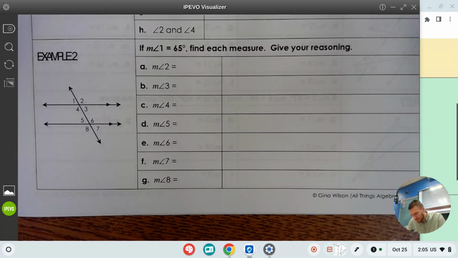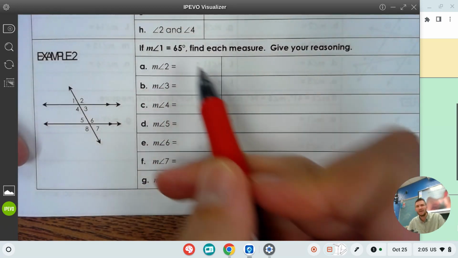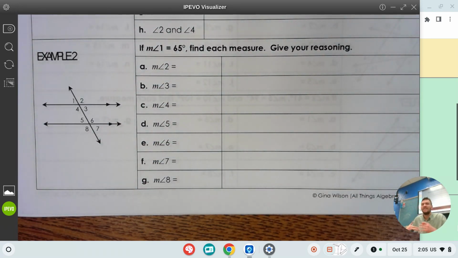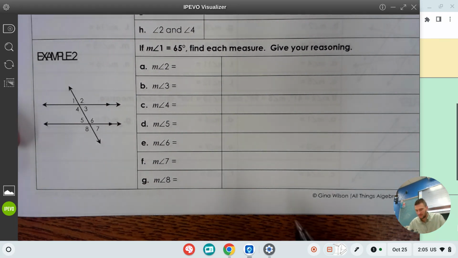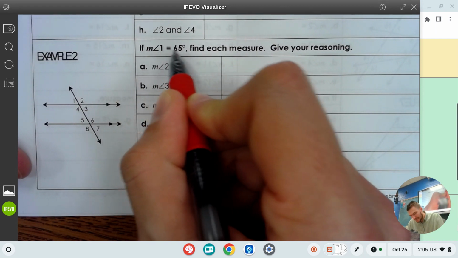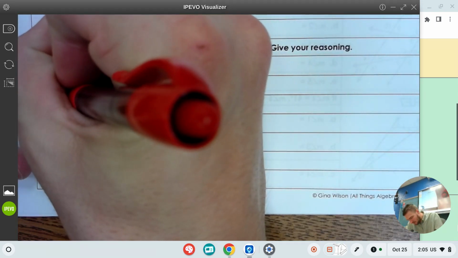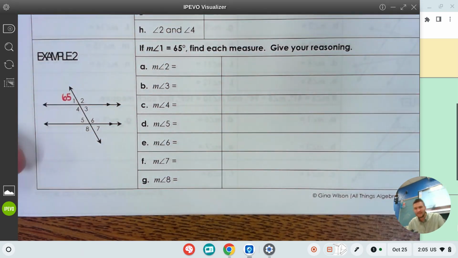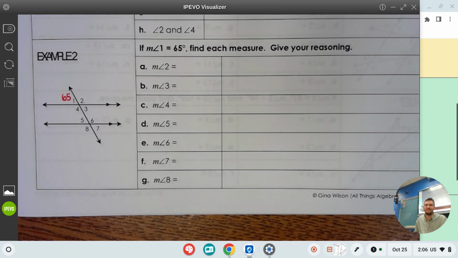For example 2, it tells you angle 1 equals 65. There's nothing new going on here except for we're getting the exact angles. So angle 1 equals 65. A very important thing is to just go ahead and throw that 65 in there, right? Label it, go for it.